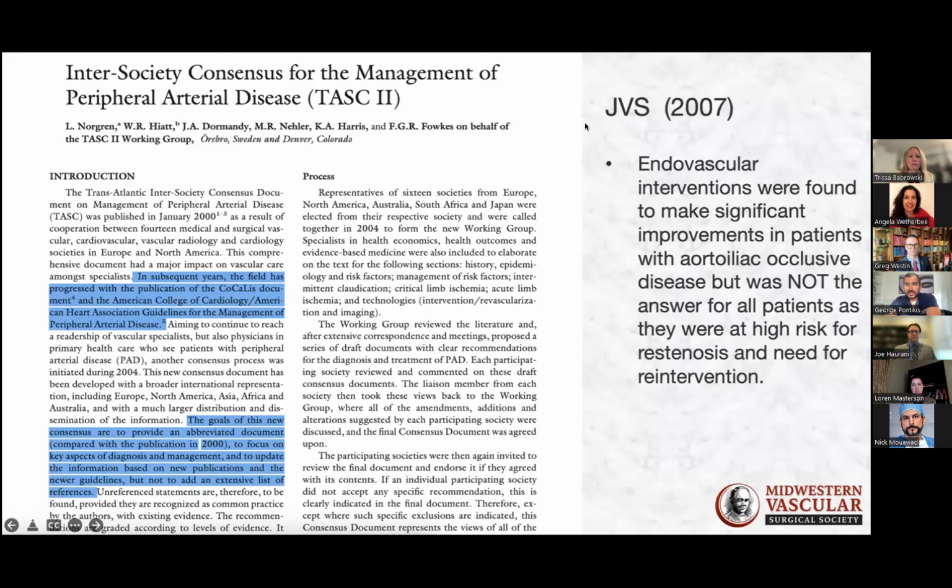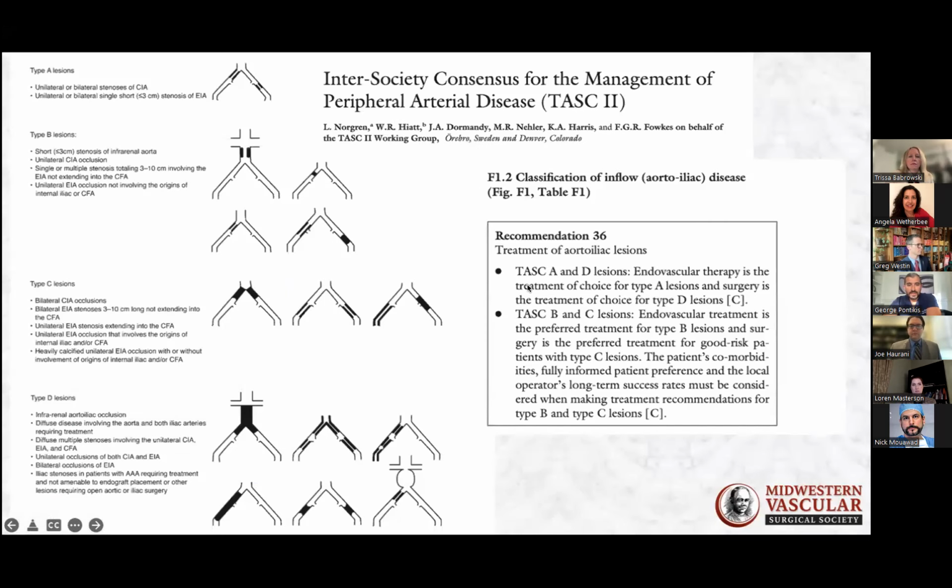With endovascular, they made improvements, but it wasn't the answer due to the high risk for stenosis during that time period. What you see here on the right is that TASC A lesions were good for endovascular therapy, TASC D were deemed open surgery, and B and C are the gray zone, with B focusing more on endovascular first and C focusing more on open surgery.